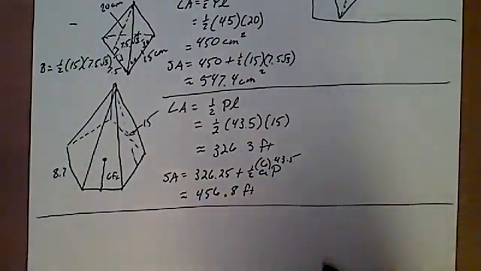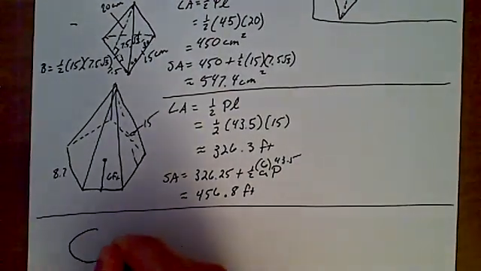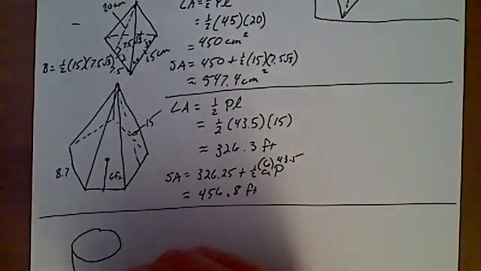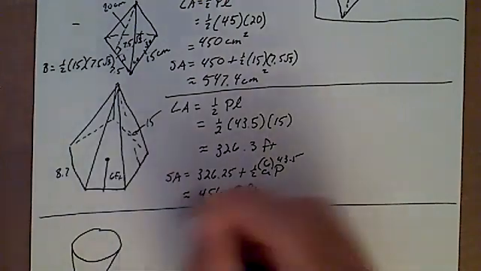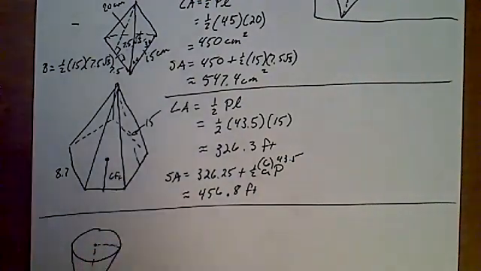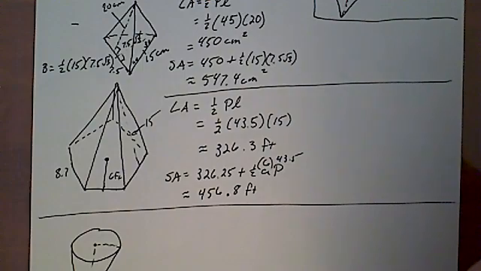All right, looking at 2 cones, and then we'll be done. Cones, like I said, are typically easier because the areas of the bases always stay pi r squared, right? We don't have to go back and use 1/2 the apothem times the perimeter.